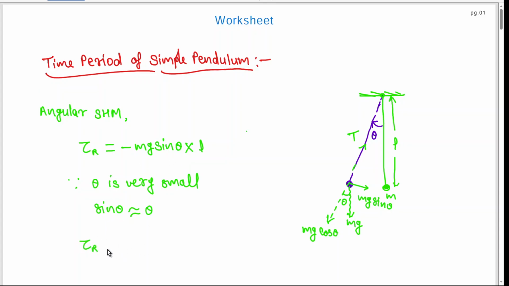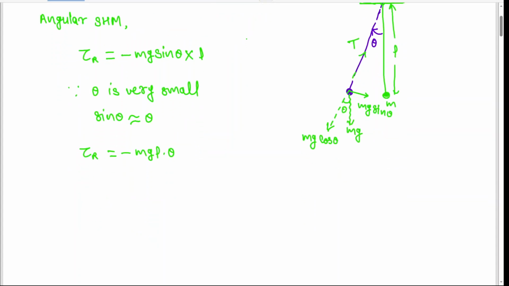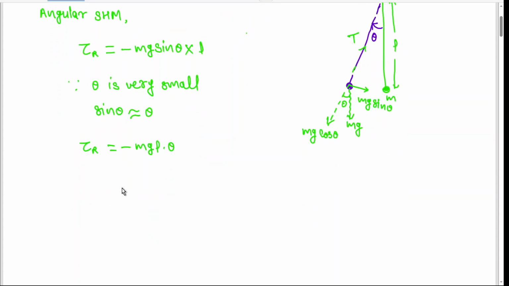So this restoring torque will become minus mgL into theta. Now as we know, torque we can write as I into alpha, where I is the moment of inertia of this bob about the point of rotation and alpha is the angular acceleration. So this I alpha will be equal to minus mgL into theta.